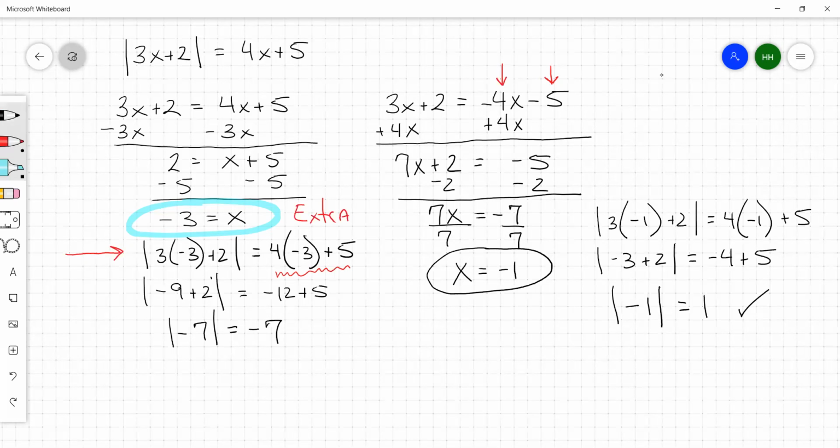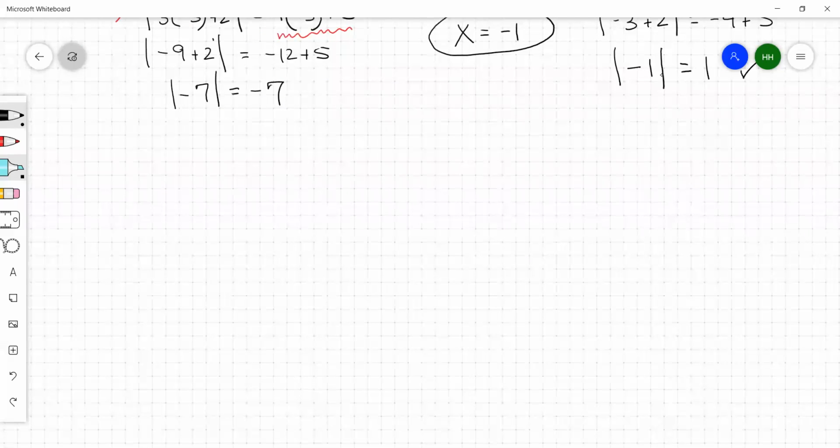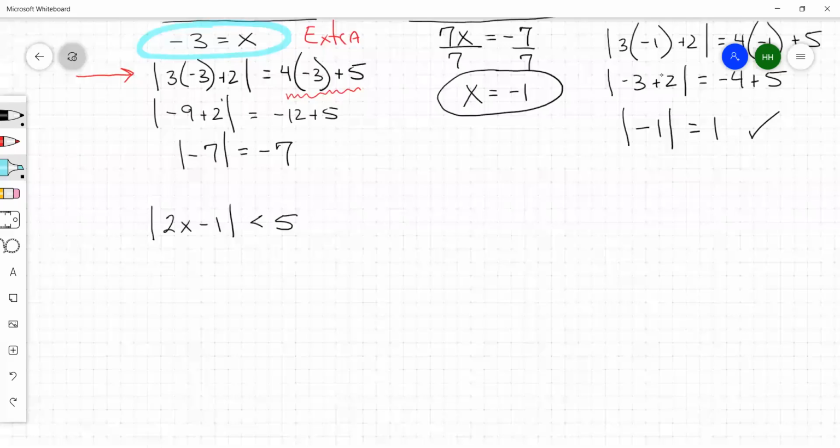All right, and then finally we're going to do some absolute value inequalities. The concept stays the same, the steps stay the same. We've got the absolute value here of 2x minus 1 less than 5. Let me go back and look at these steps real quick.